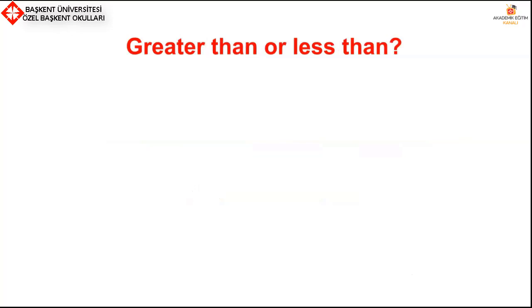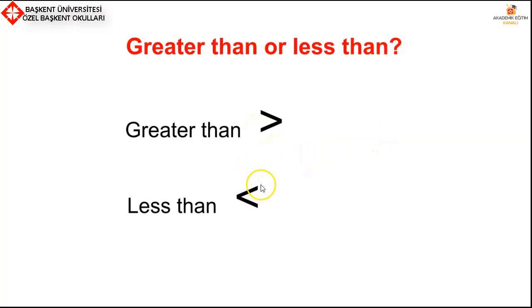So we can look at these numbers and use two symbols, greater than or less than. This means greater than. The biggest part of the symbol goes to the bigger number. This means less than. So the smallest part faces the smaller number.